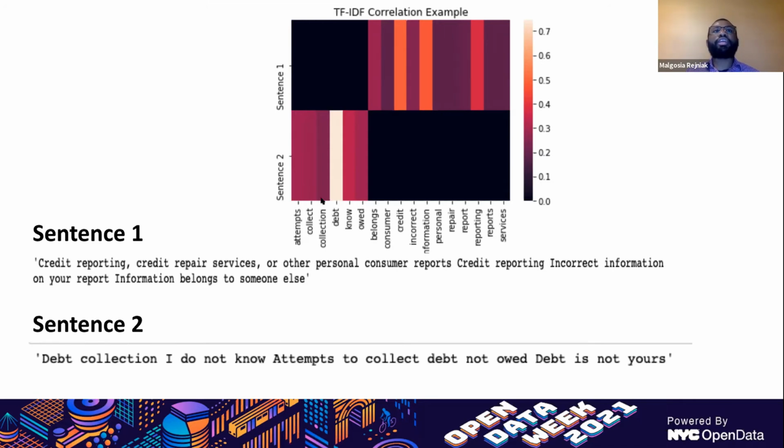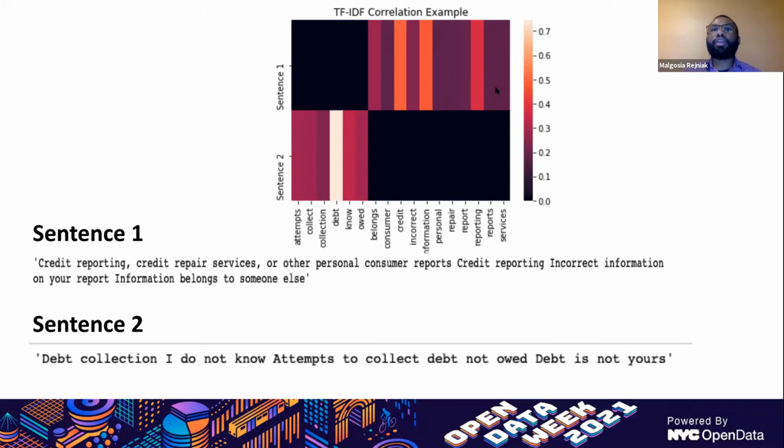What you'll see, looking at this heat map correlation, is essentially the words in the vector that make up the theme of how that sentence ended up getting classified in its specific cluster. This is just kind of interesting. You'll see here with sentence 2, a strong correlation with debt.